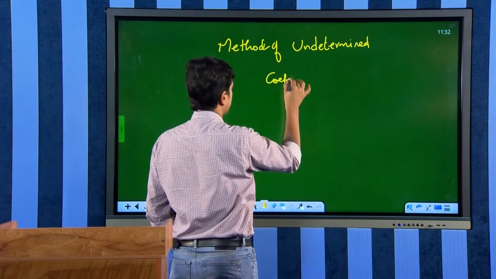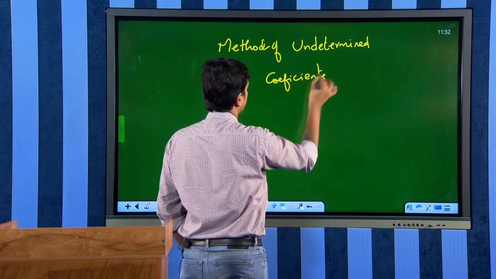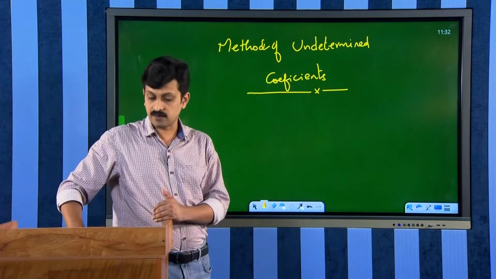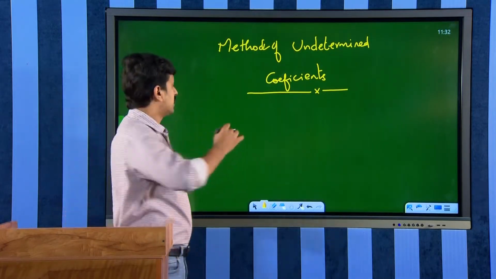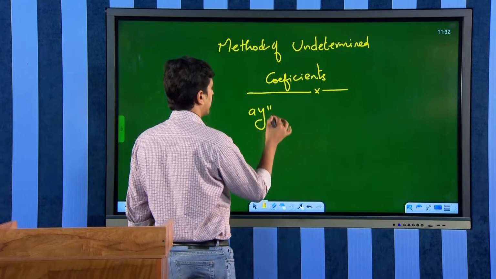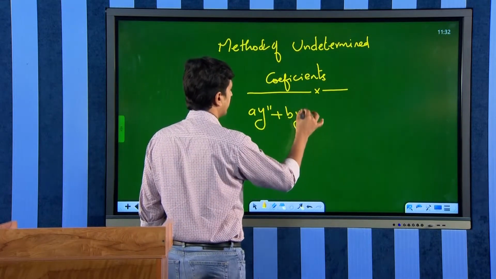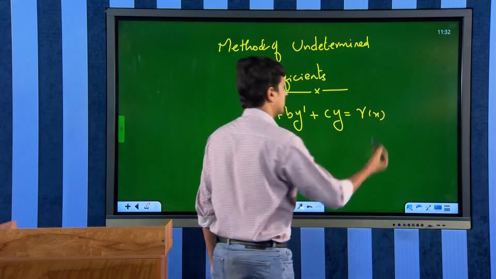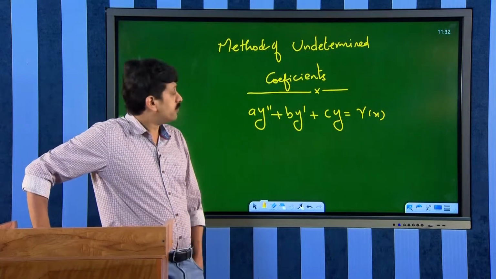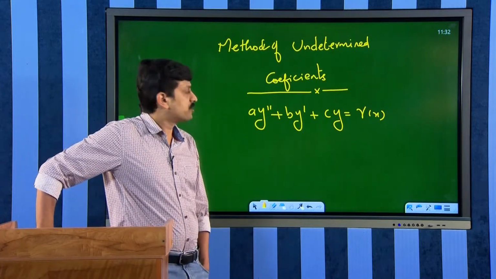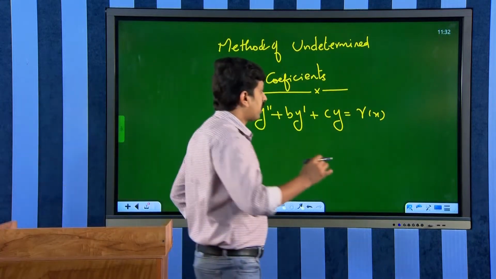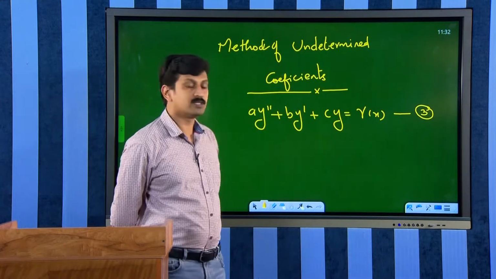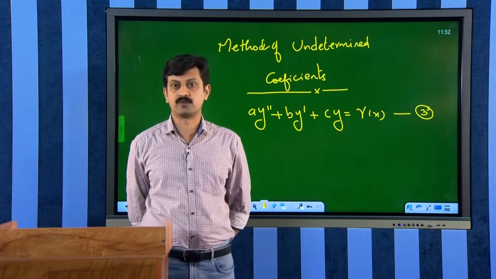We know about the differential equation with constant coefficients as ay double dash plus by dash plus cy is equal to r of x. I would like to consider this as equation number 3, the non-homogeneous linear differential equation with constant coefficients.